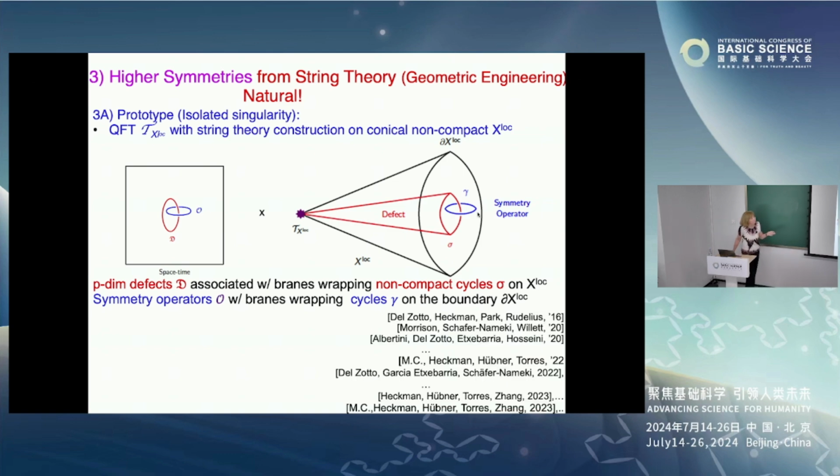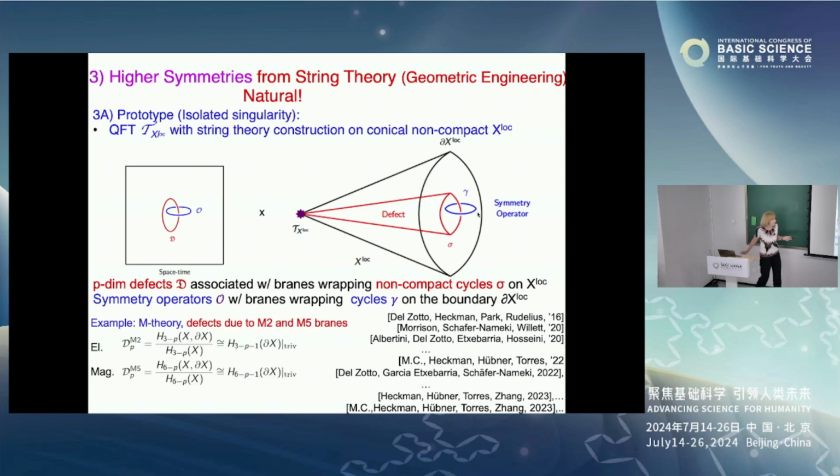So if we take M theory, the defect operators and symmetry operators are associated with M2 branes or M5 branes wrapping the non-compact relative cycles or compact ones on the boundary, for defects and symmetry operators respectively.